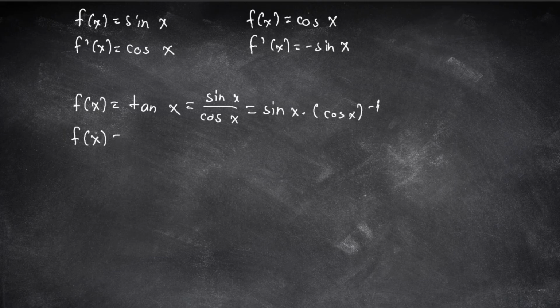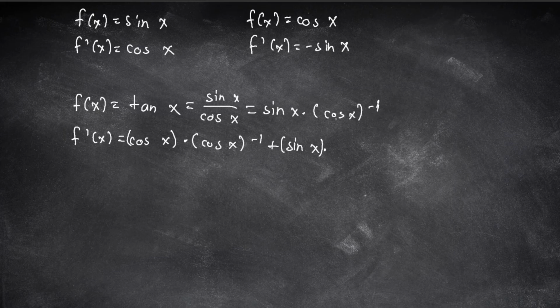So the derivative of our tangent is the derivative of our sine, which is cosine, multiplied by whatever is left over, plus keep the first one the same, and the derivative of our second.